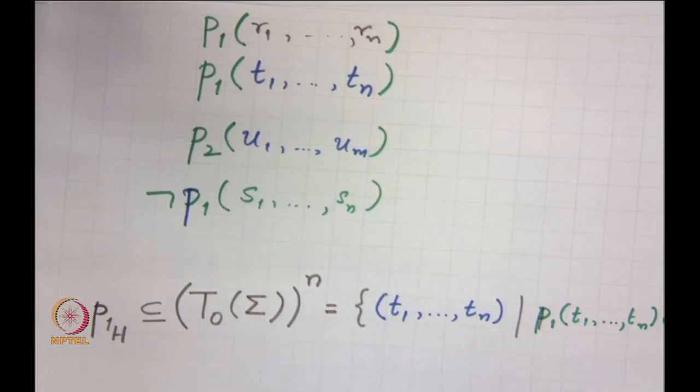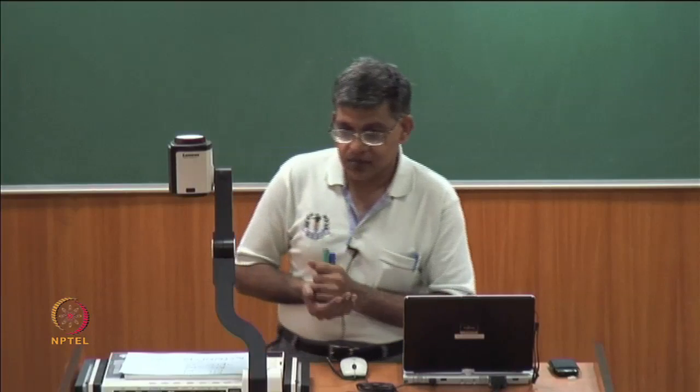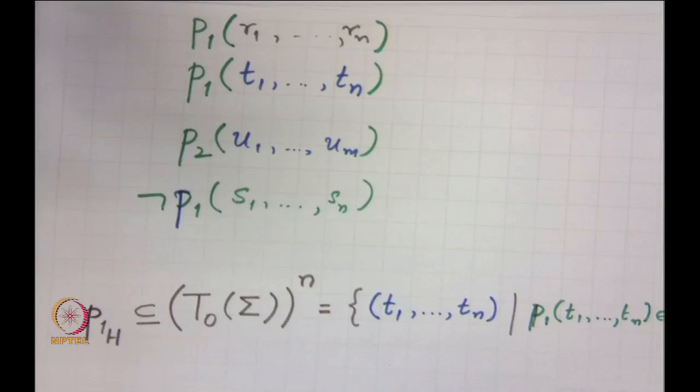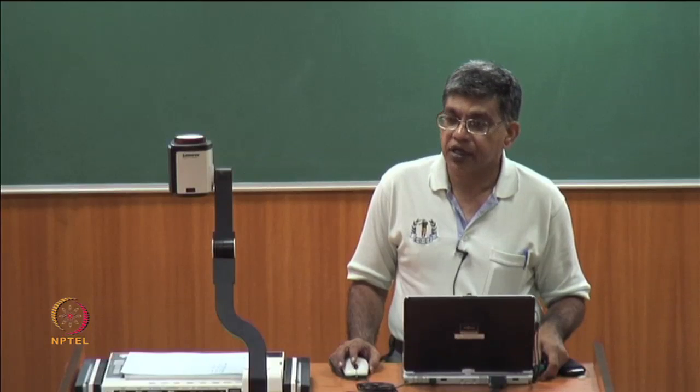So, for any literal that occurs positively in lambda, its parameters, which are ground terms, are included in the meaning of the relation corresponding to that atomic predicate. So, this is how we construct it. Now, this is a Herbrand model of this set lambda.